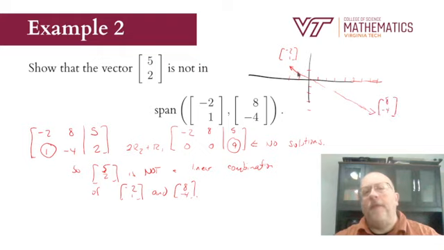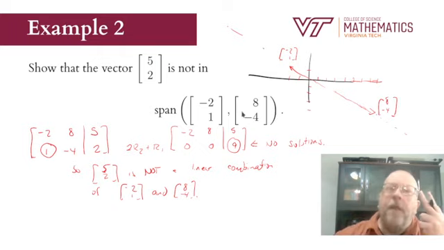And if I take these linear combinations, any multiple of -2, 1 is going to be on this line, and any multiple of 8, negative 4 is going to be on this line. And so even though I have two vectors, because they point along the same line, I don't generate a plane from these two vectors. I only generate other vectors that are on this line.